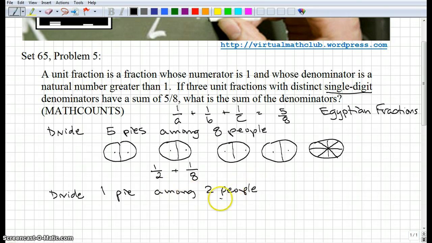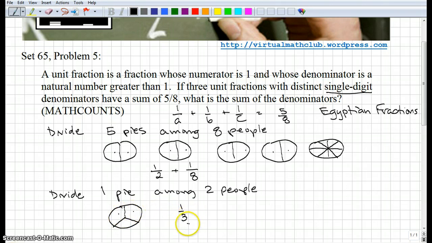Now the simple thing would just be to give 1/2, right? But we don't want to give 1/2. We want to break this down into something smaller. So the next smallest is 1/3, and we could give each of those 2 people 1/3.